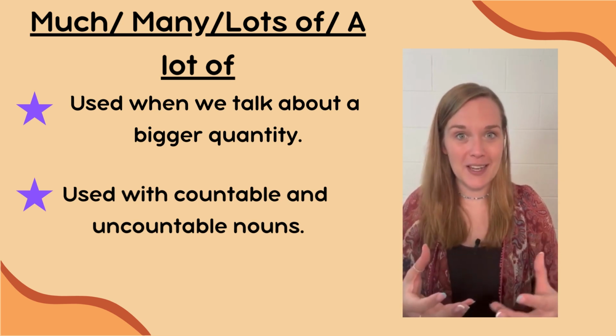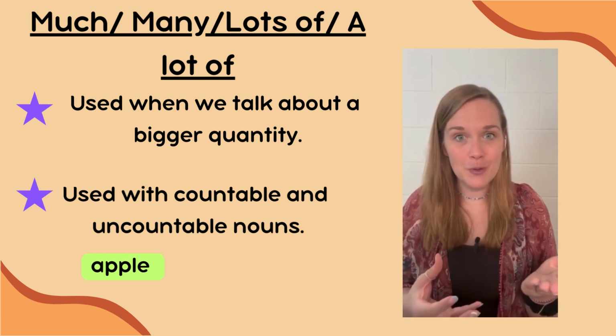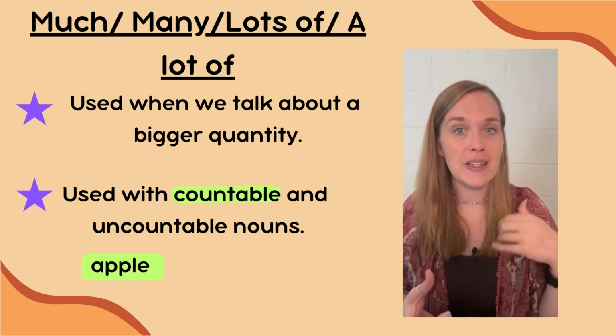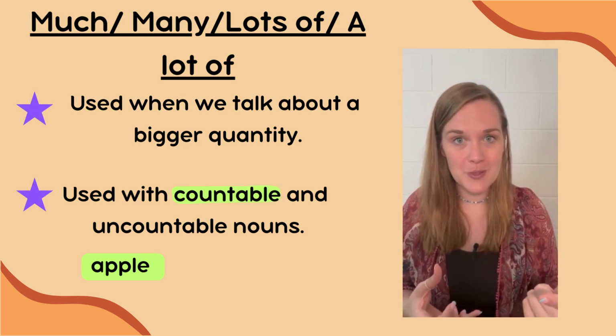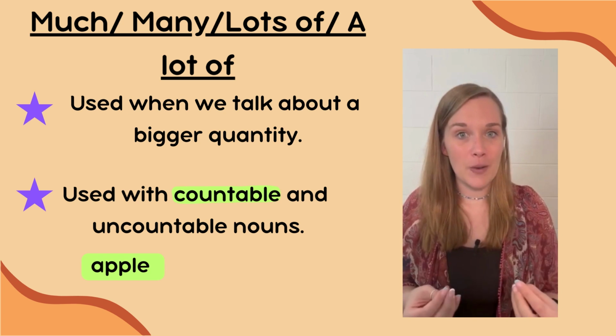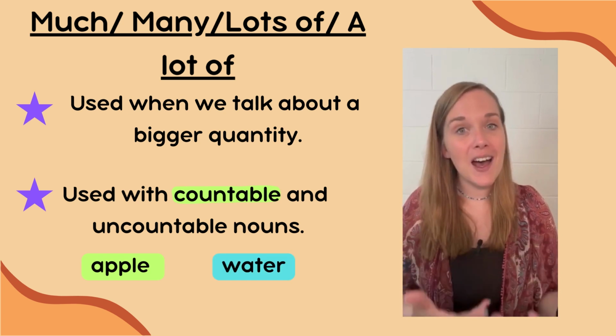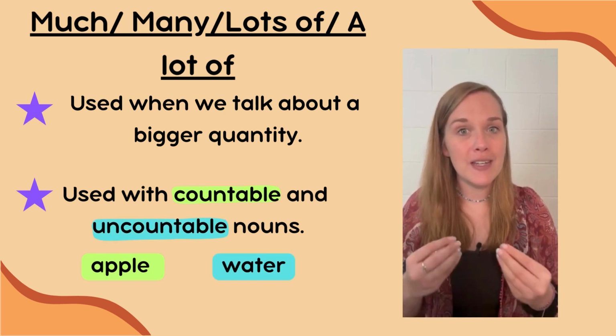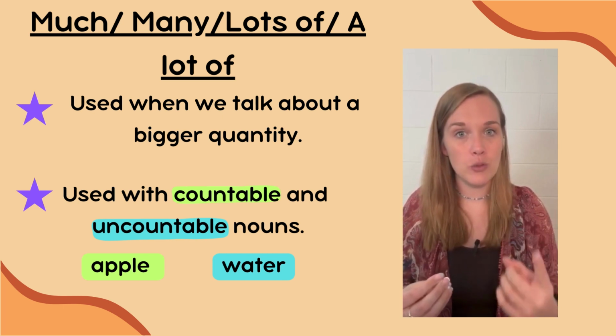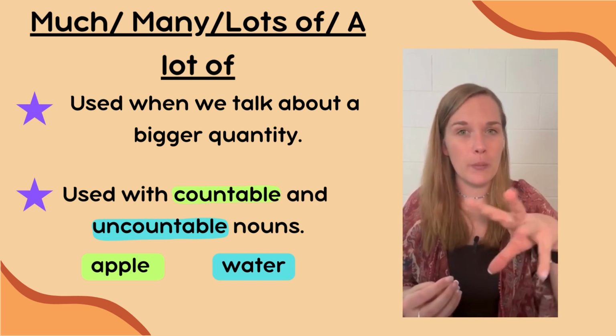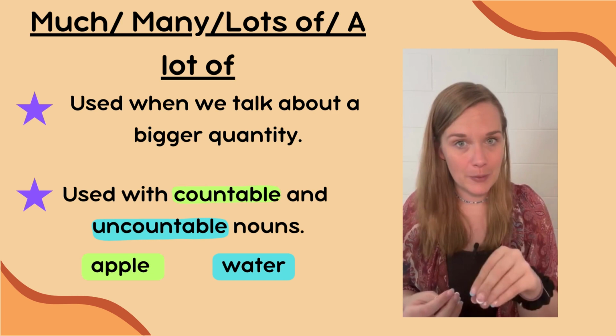As a little recap, for example, an apple is countable. We can have 1 apple, 2 apples. However, water is uncountable. We cannot count it. We cannot have 1 water, 2 waters when we're talking about the physical liquid.